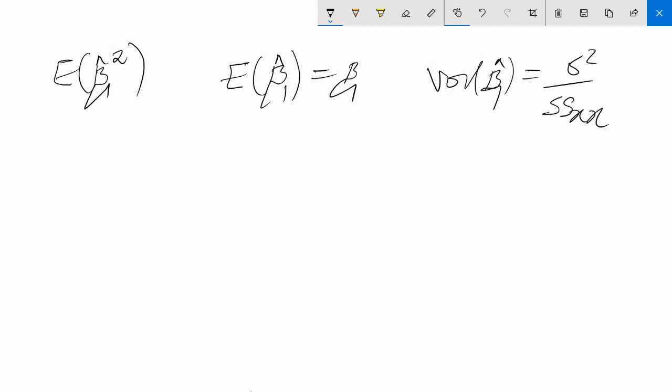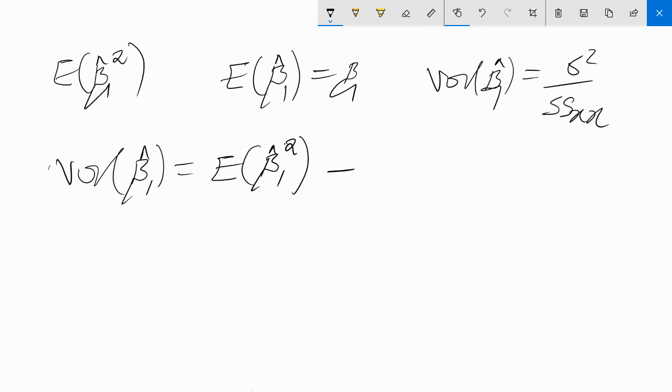We showed this last week. And I know from second level and also first level that the variance of beta 1 hat is nothing but the expected value of beta 1 hat squared minus the expected value of beta 1 hat all squared. You know this from second level. So I know this value.